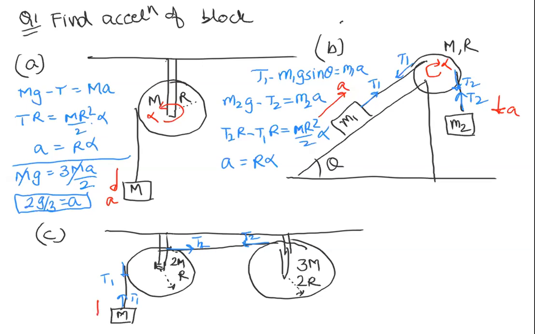इसके लिए I will assume A, I will assume alpha 1 and I will assume alpha 2. So we get mg minus T1 is equal to MA.